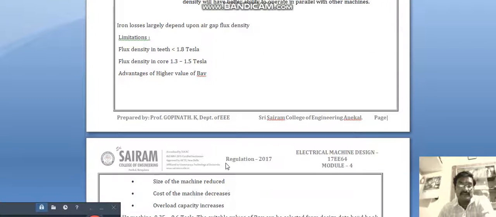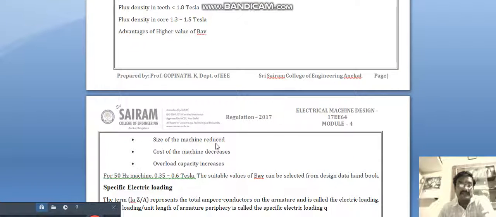Advantages of a higher value of BAV: size of the machine reduced, cost of the machine decreases, overload capacity increases. These are the main advantages when we go for a high value of specific magnetic loading. For a 50 Hz machine, 0.35 to 0.6 Tesla. The suitable value of BAV can be selected from the design data handbook. These are the things for specific magnetic loading.